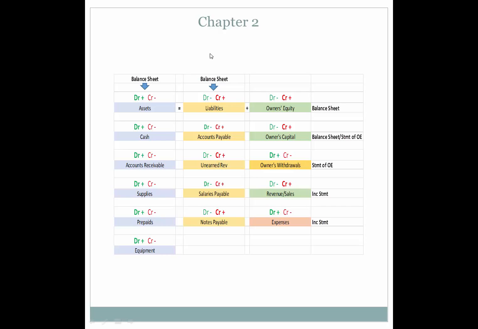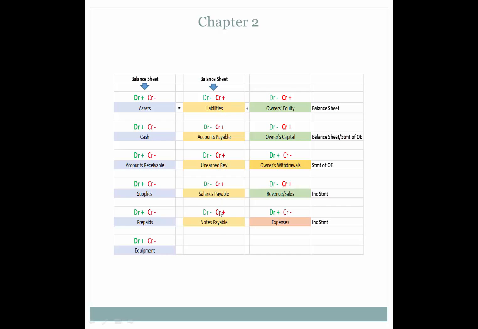Next, in Chapter 2, we learned about journal entries, and so we learned about the rules of these various asset accounts. As you can see, they always belong on the balance sheet, and they're all increasing with the debit. Left side of the accounting equation. On the right side of the accounting equation, we have the balance sheet accounts for liabilities, and so liabilities, again, are only found on the balance sheet.